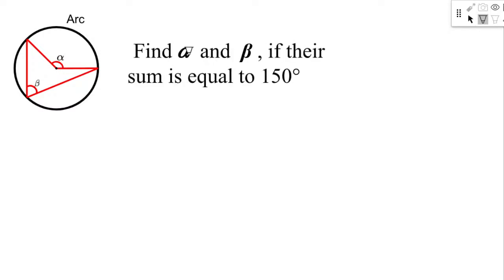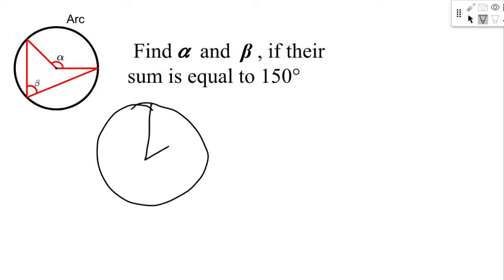Find alpha and beta if their sum is equal to 150. It's a little bit tricky, but we will find it out, no worries. We have a central angle here, let's call it A. Then this arc is also going to be A, and our inscribed angle would be A divided by 2.